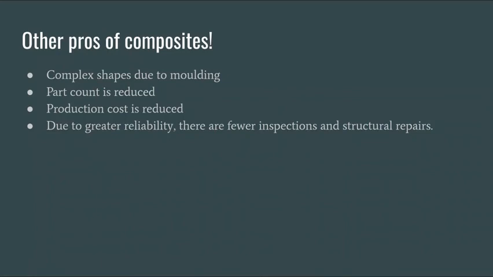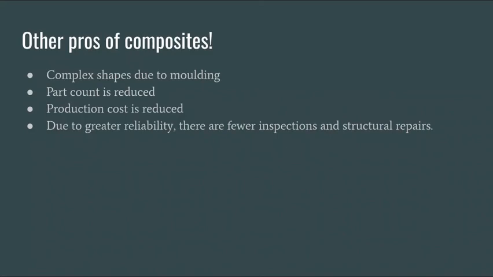We talked at the beginning of the class that composites can be more durable and have more stiffness. And due to this durability, they will have a greater reliability in uses, and there are fewer inspections and structural repairs.